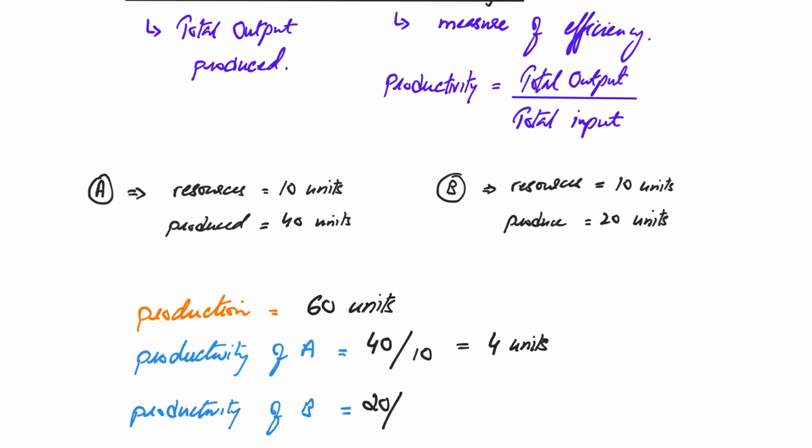While on the other hand, firm B is using 10 resources to produce just 20. To uski ho gayi productivity of 2 units. So the question was, who is more productive? And you would say firm A is more productive.